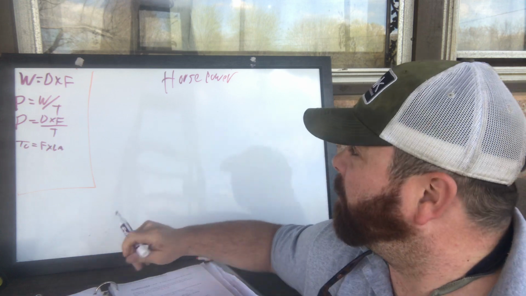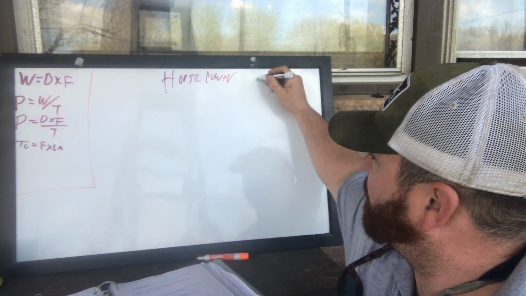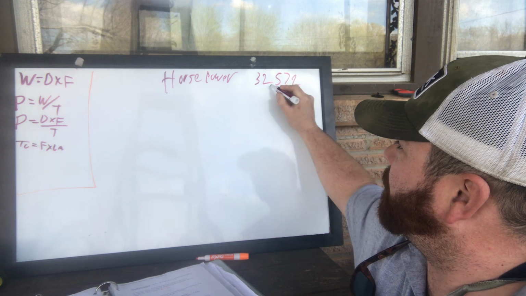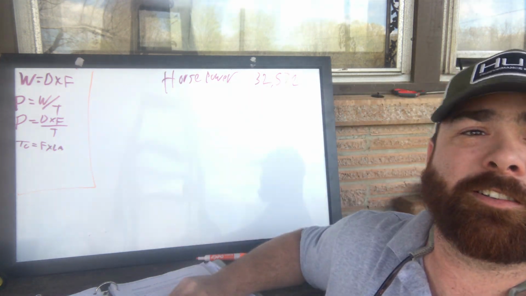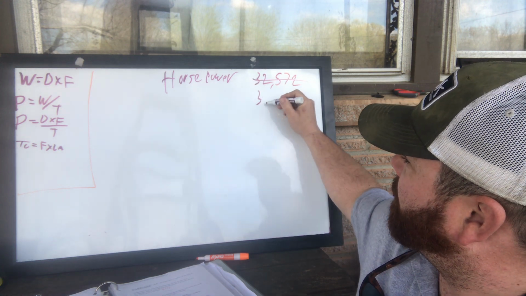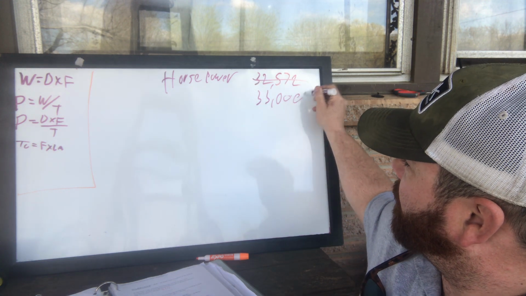And you know what, 32,572, that's a pretty rough number. I'm going to write that up here just for fun. 33,572. Kind of a rough number. Hope you can see that. So you know what? The heck with it. Let's just round it up to 33,000.